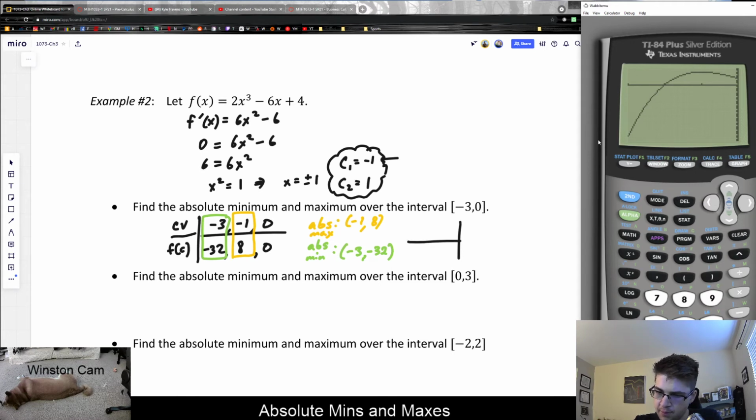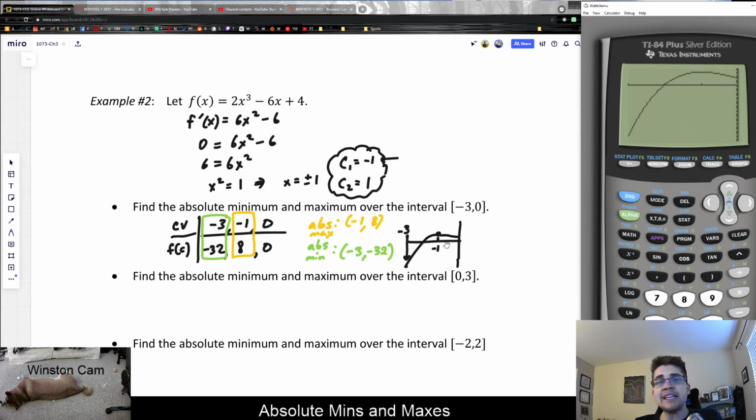From negative 3, it goes up like this and comes back down. At negative 3 we have our absolute minimum, and at negative 1 we had our absolute maximum. The graph coincides with our findings.